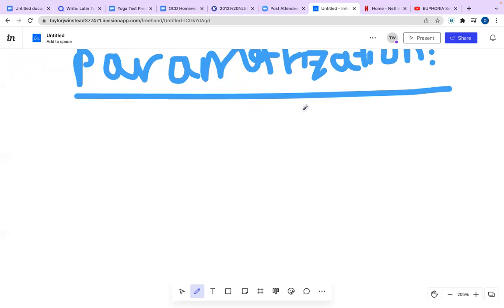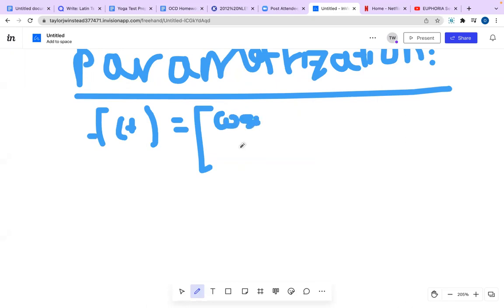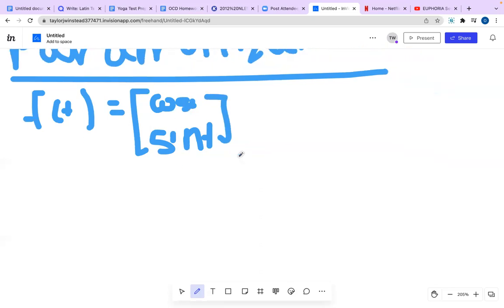So we're going to be looking at the image of the function f of t, the vector of cosine t and sine t, from R to R2. Okay, so we've got cosine t and sine t.